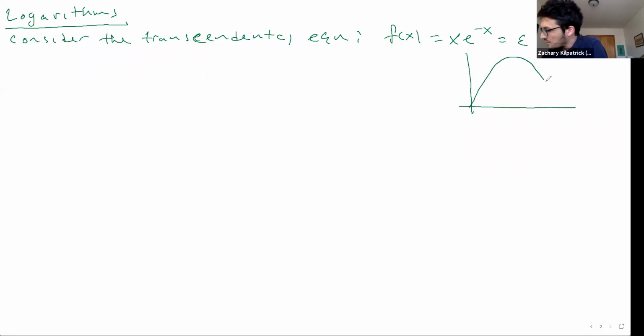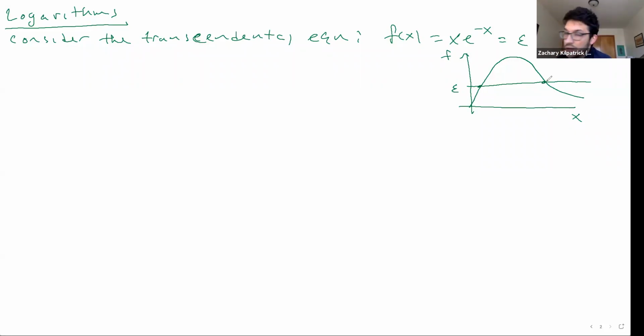I mean, you can't solve it explicitly except using special functions, but let's look at what just an intersection method might give us. So you see here, if we just plot this function f of x, and then we plot epsilon, then you have these two crossing points here.